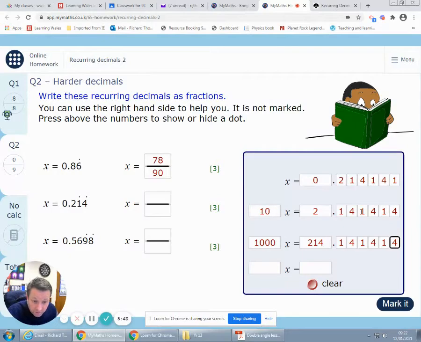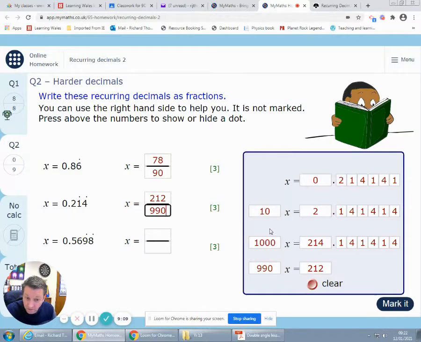Okay, so it'll be these two lines I will now subtract. The first one won't be a part of it at all. 1000x take away 10x is 990x. 214 take away 2 is 212. These parts disappear. So my fraction will be 212 over 990.